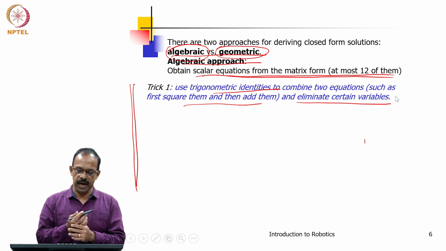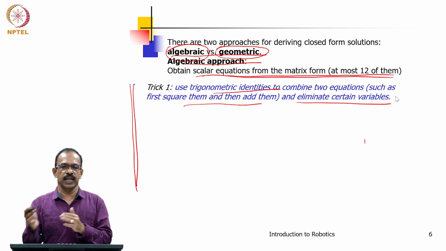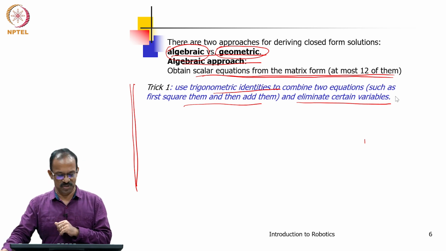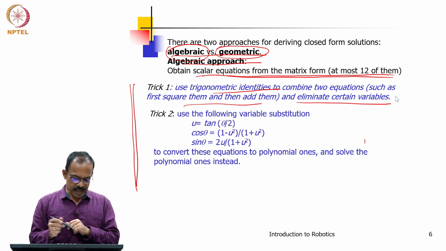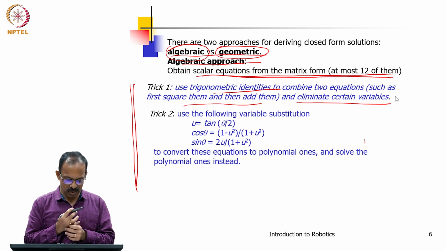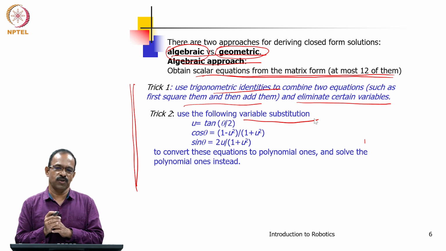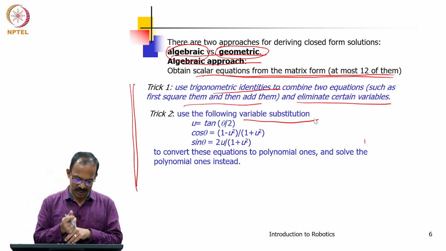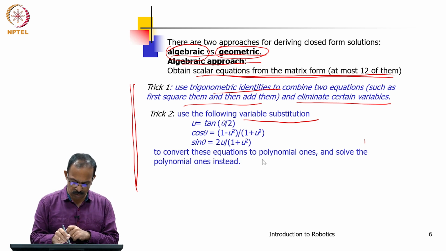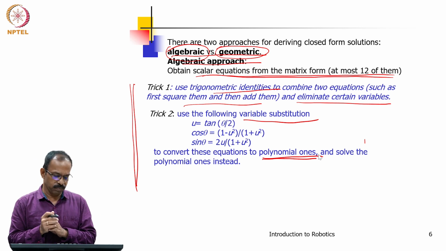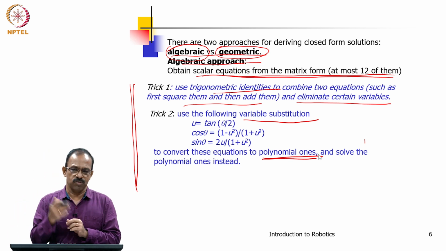So, you square them, add, and then you can eliminate some of the variables. That is trick 1 we can use. And another trick to be used is substitution. You can substitute for these trigonometric variables with some other variables, and then convert them into polynomials. So, the trigonometric equations can be converted to a polynomial and then we solve the polynomial.